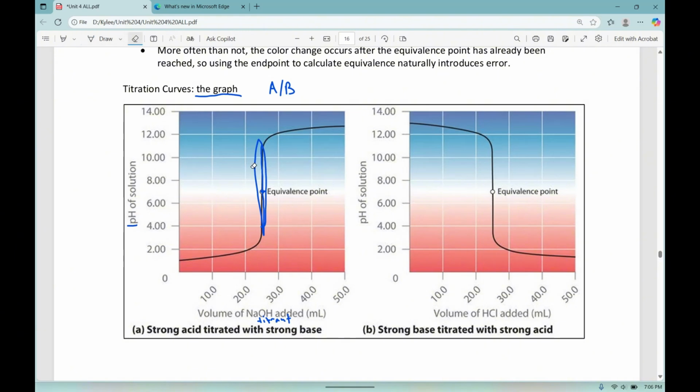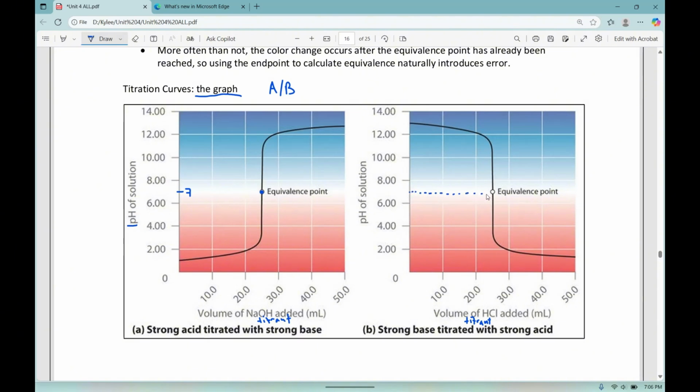Now, for strong acids and strong bases, the equivalence point of those reactions is always going to be 7 because this is a neutralization. Similarly, if I have an acid as my titrant, then that means that a base would be in my flask, and so the pH starts really high, but the general shape is the same. And again, when you have strong acid, strong base, we see that equivalence point equal to 7.